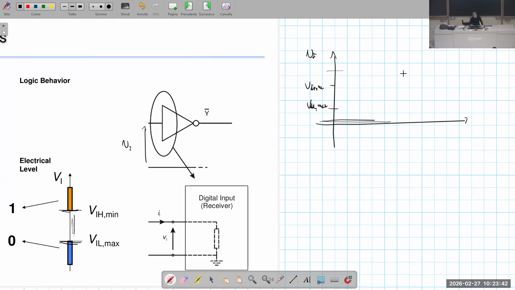When we are at the high value, we want VI to be above VIH minimum. We can accept that VI takes a value in between only in the transition from the low value to the high value, or vice versa. We cannot accept that VI in steady state conditions stays in between like this. This is not acceptable. Is that clear?